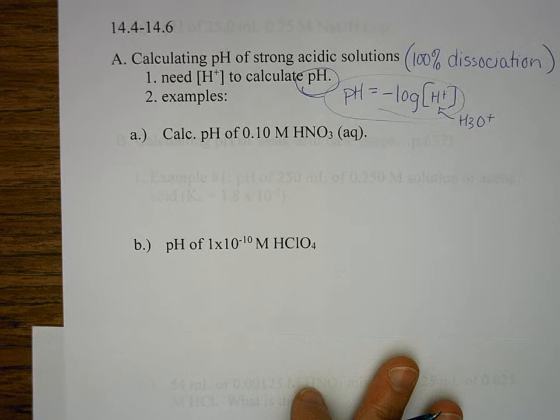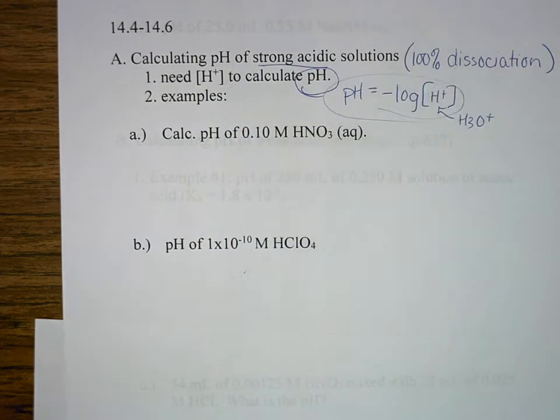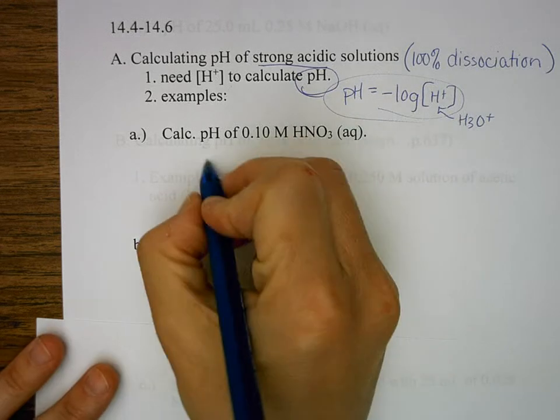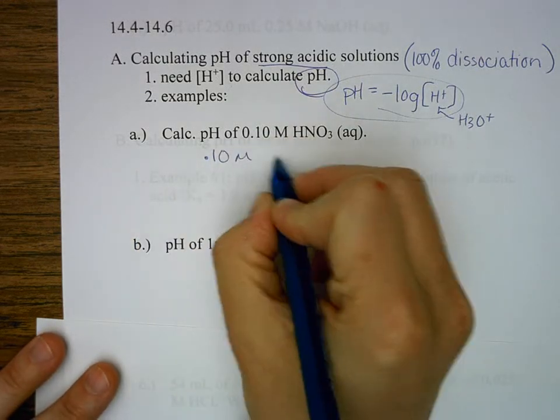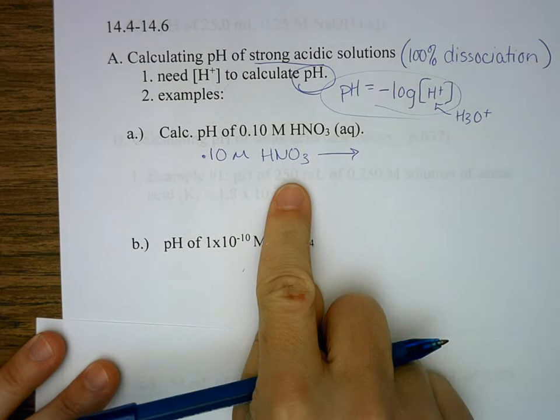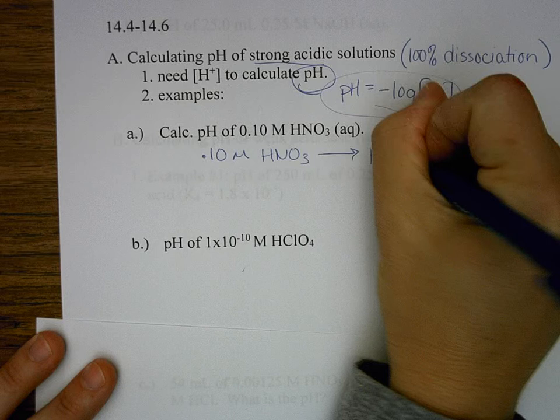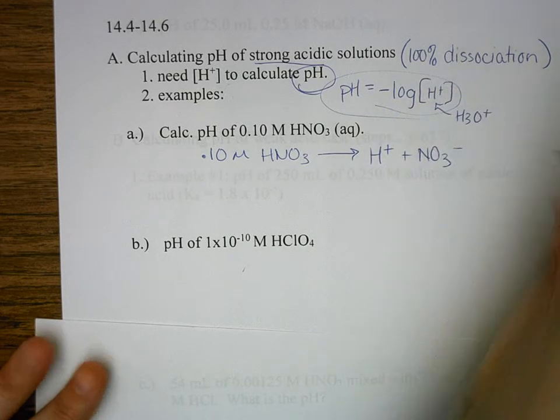Okay, so first thing here, calculating the pH of 0.1 molar HNO3. That's nitric acid. Okay, I already told you these first examples here are all strong acidic solutions. And so if you have 0.1 molar HNO3, since HNO3 is a strong acid, that means that it completely breaks apart into hydrogen ions and nitrate ions.